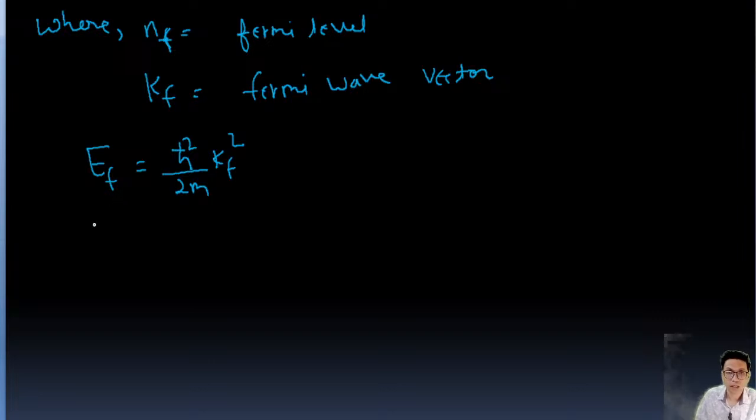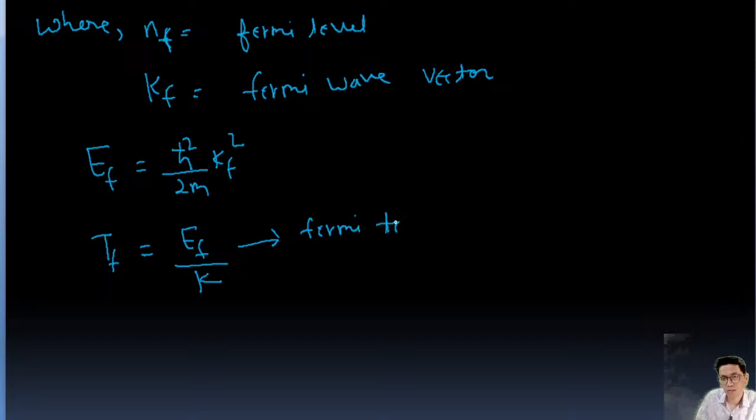TF is EF upon kB, the Boltzmann constant. This is called Fermi temperature. And pF, Fermi momentum, is equal to h cut kf.